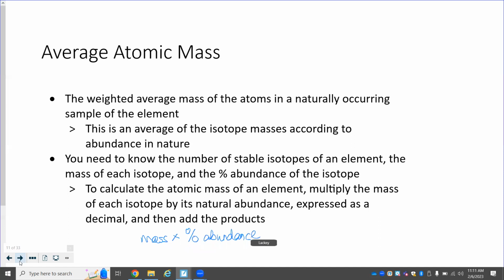And this does need to be written in decimal form. So you have to move the decimal from the percentage to change it back into a decimal to put it in. And that will be done for each isotope. And then once we've done that for each isotope, we're going to add our products together to get that average atomic mass.